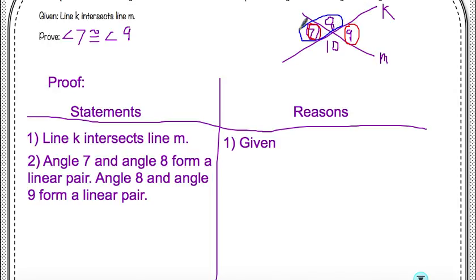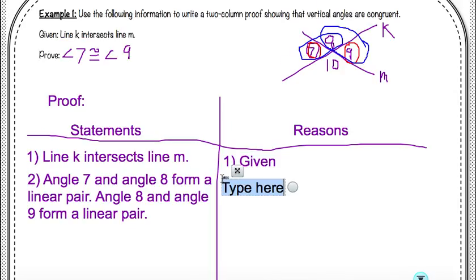So 7 and 8 form a linear pair. We need to also use angle 8 when we say that angle 9 and angle 8 form a linear pair. We could have used 10. Well, we would have had to say angle 7 and 10 form a linear pair, angle 9 and 10 form a linear pair.